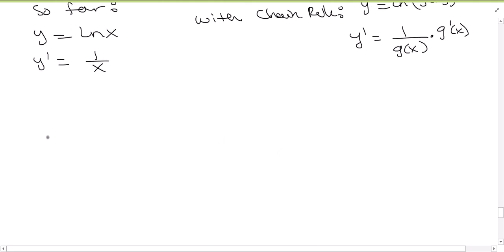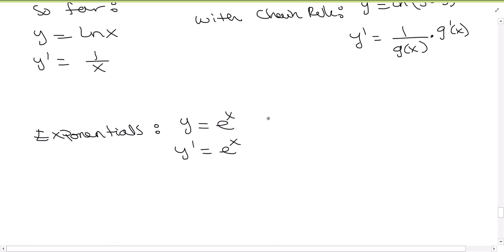We also know, so with exponentials, what did we do with exponentials? Exponentials are the inverses of logarithms, so I know that if I have y equals e to the x, the derivative is e to the x. And last time we also learned that if y equals b to the x, what was the derivative of this? What's y prime?